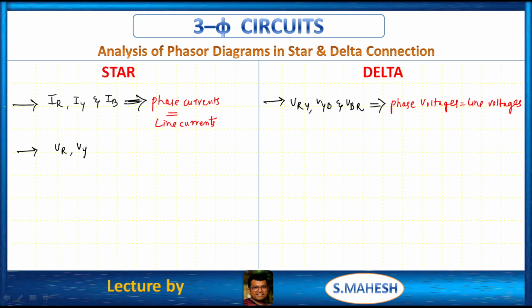VR, VY and VB, what are those? Phase voltages. Like that, VRY, VYB and VBR are line voltages.